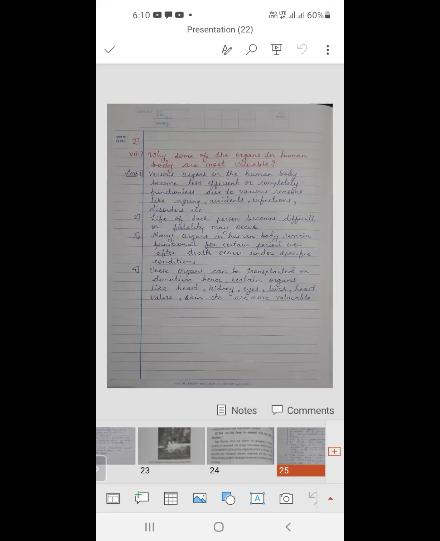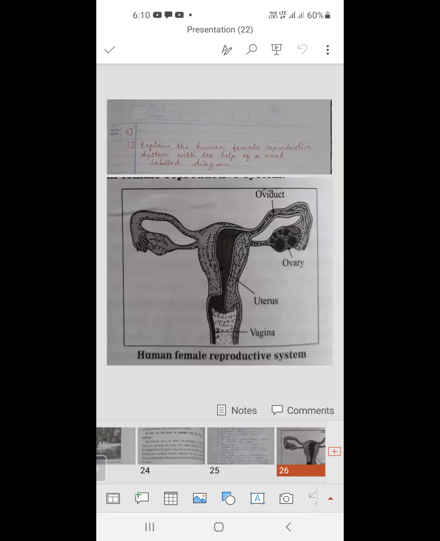Next question: explain the human female reproductive system with the help of a neat and labeled diagram. This is the diagram of the female reproductive system.